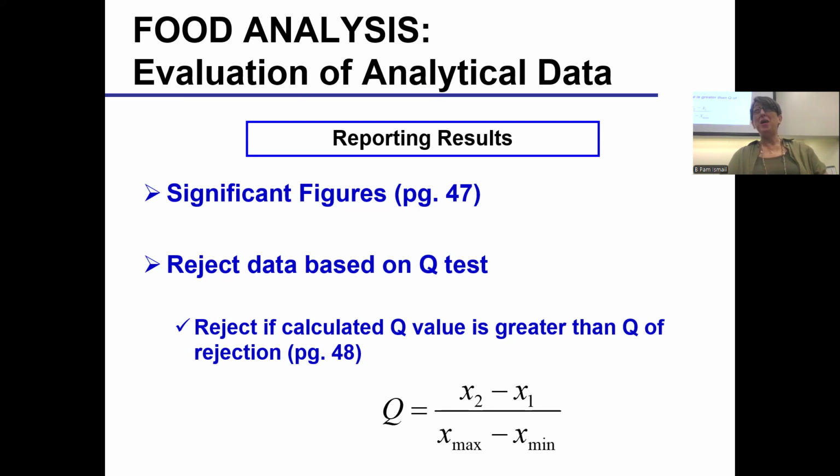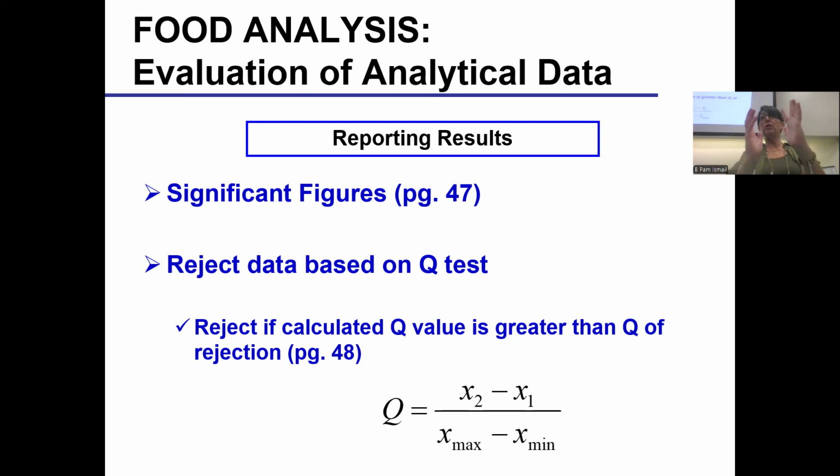You mean you don't want to eyeball it and say, okay, delete? No, we don't want to do that. You want to actually do it in a statistical way, and that would be determining the Q value. When you look at your replications and you have a gut feeling that this rep is messing up all your data, you take that data point, X1, let's say, which is furthest from everything else.